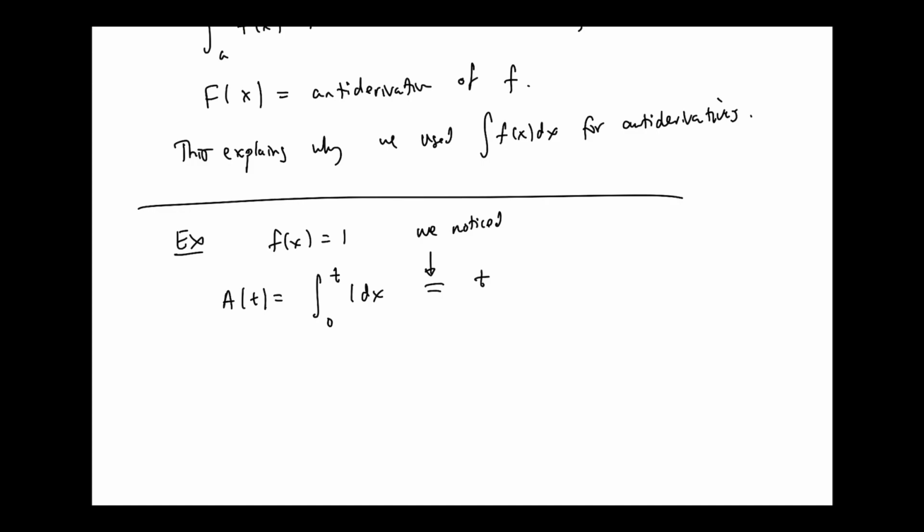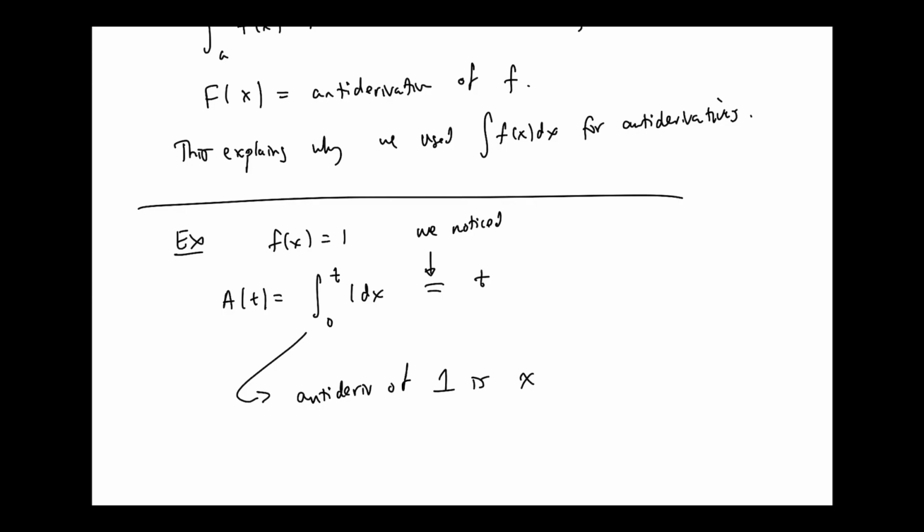After crunching a few examples, we noticed that A of t was t. That's what we got when we just thought it through. But here's how we would have gotten it the other way. What is the antiderivative of 1? x.